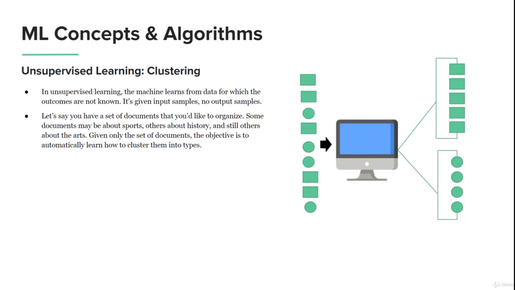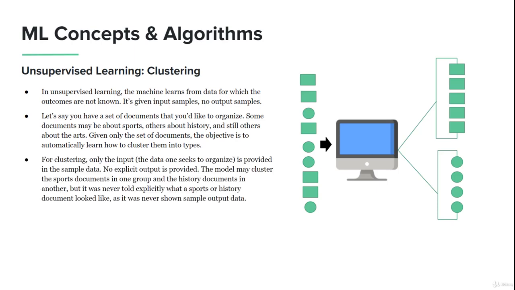The clustering is going to place them in those individual groups, right? For clustering, only the input, right, the data one seeks to organize is provided. So we have the squares, the circles, or whatever that may be. We have that information, but we don't have the output, right? So no output is provided.